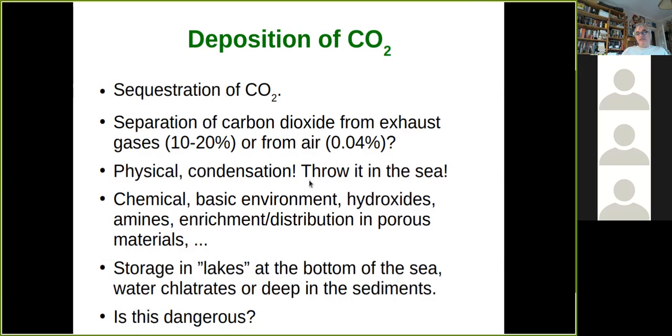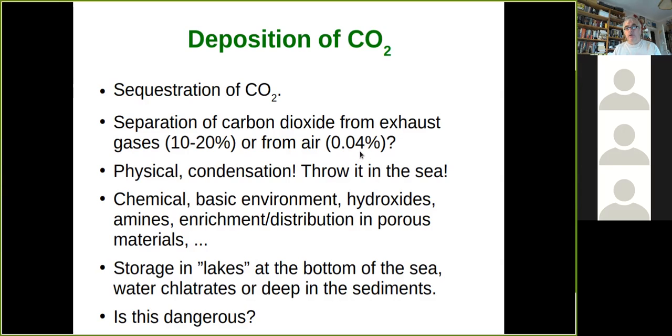But still, we have been looking at similar things at least. It must be much easier to separate carbon dioxide from the exhaust gases than from air, because the content in air is so small. The partial pressure is 400 ppm or something like that.